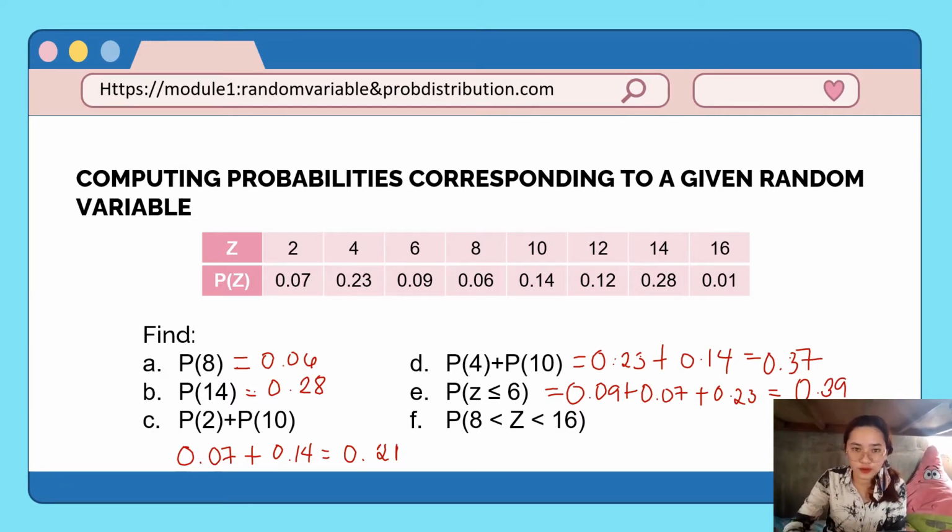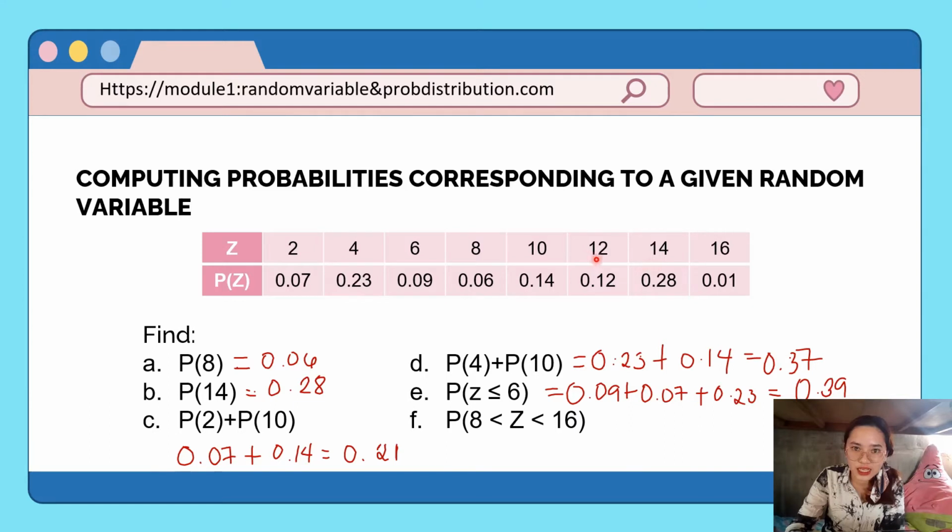Next, we are looking for the probability ng z less than 16, and greater than 8. So, ito yung lahat ng greater than 8 na less than 16. Ito nga sa gitna nila. Okay, so 10, 12, at 14.